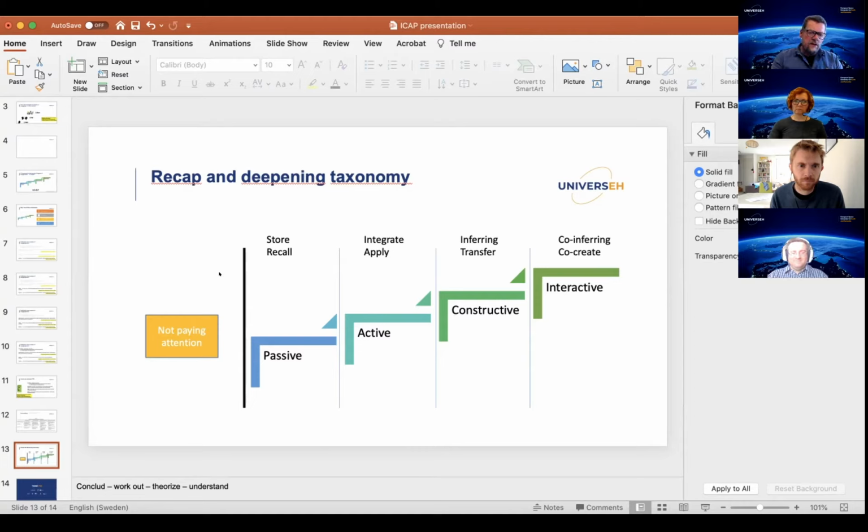And then some kind of qualities and problems when we talk about these different levels. You are of course allowed to complete or put in your understanding, but when we are in a passive mode, when they are listening, they kind of memorize that information as that information, so they do not connect that information to a larger extent to their prior knowledge.